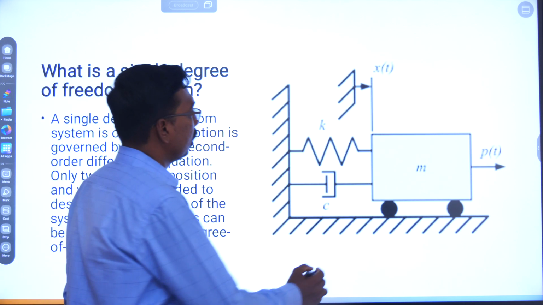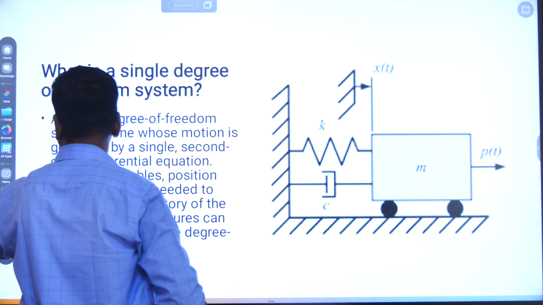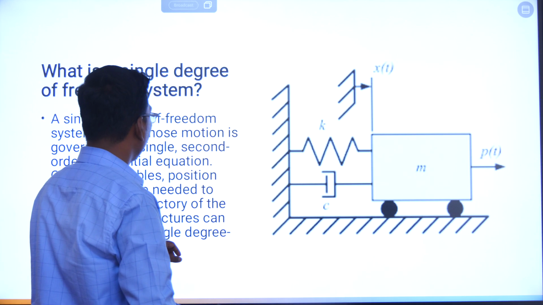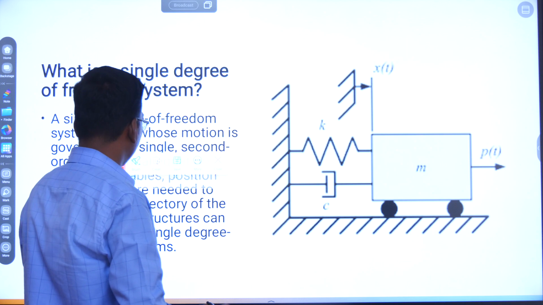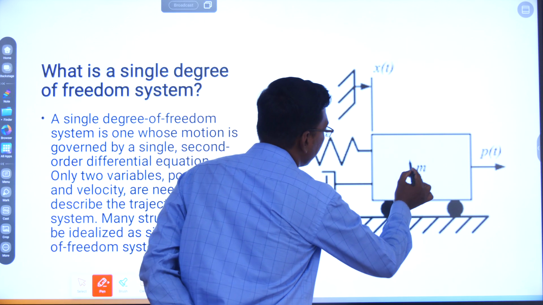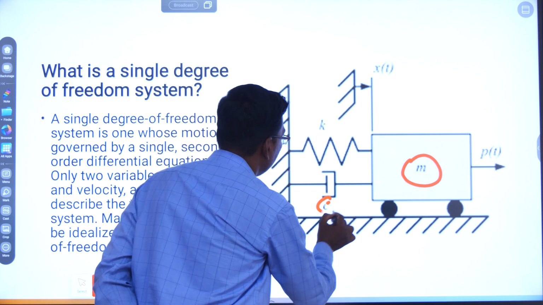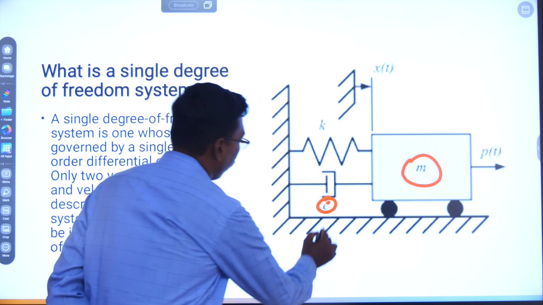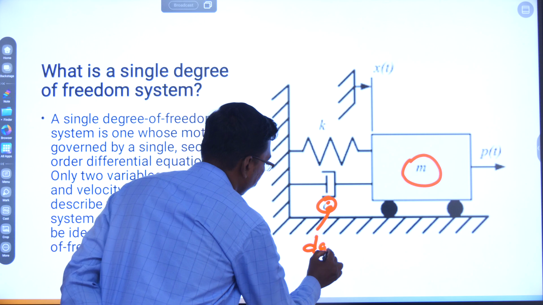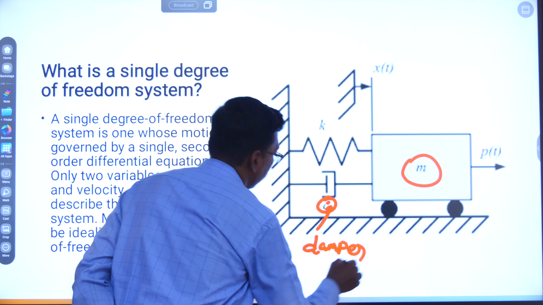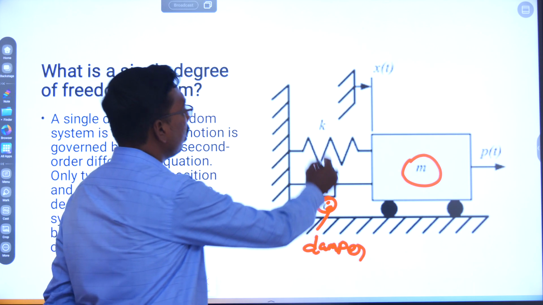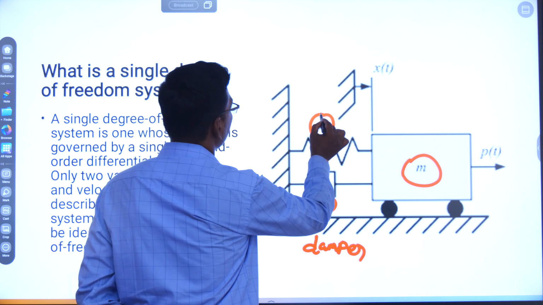This is the mass. Suppose the mass is connected with one damper. This is what? C is nothing but a damper. This is for what? Spring stiffness.